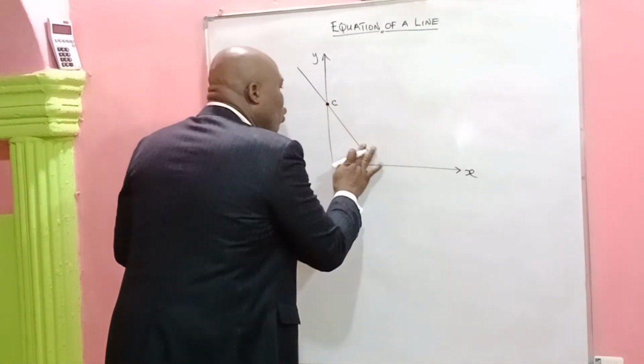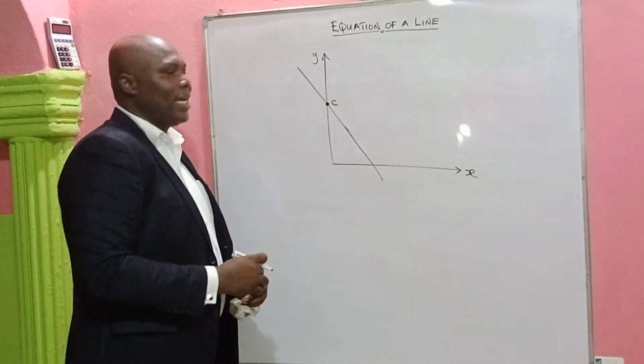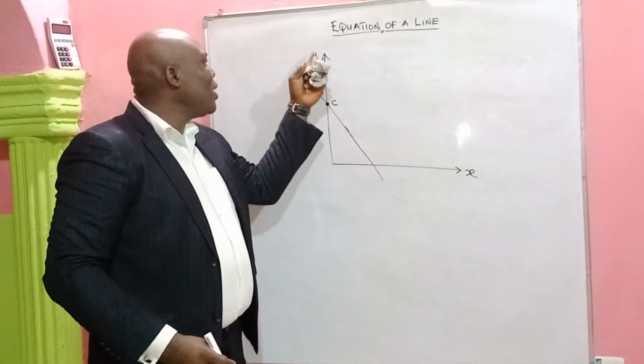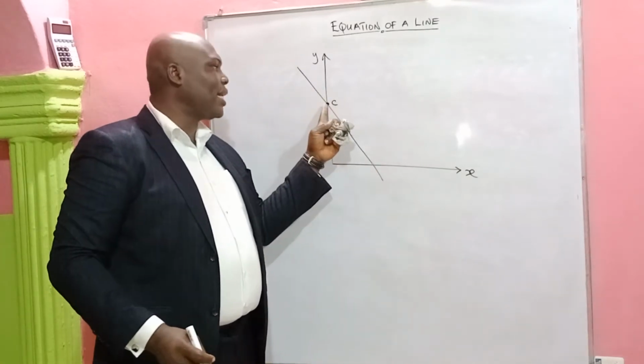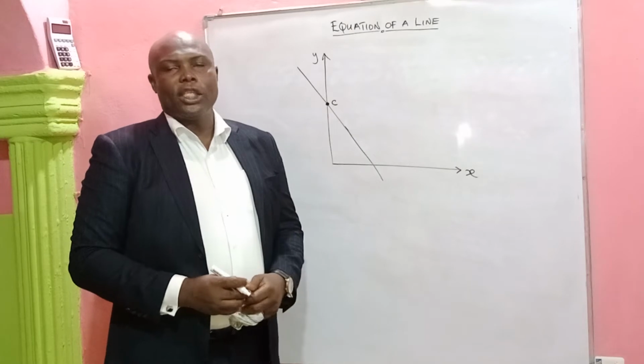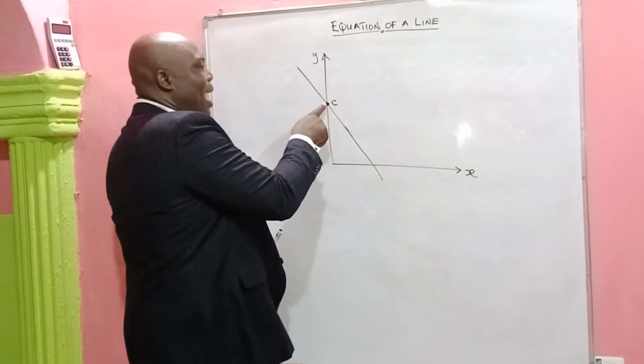Even if the straight line continues this way, where the straight line intersects with the y-axis, not the x-axis, is the point we call c. So that c is at this point.